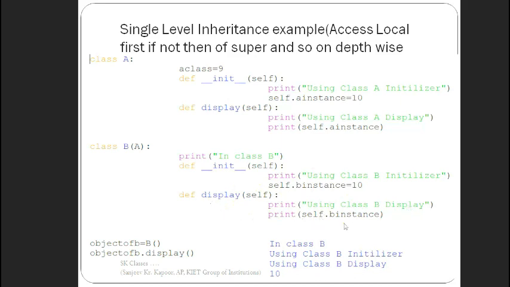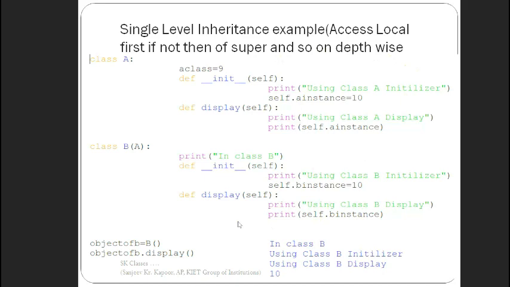Yes, it is locally defined, so its own original function would be called, and "using class B display" would be in the output. If this display is not defined in B and display is there in A, then that display would have been called. So this is the order we need to follow. That is why it is written here: access local first, if not then the super class, and so on depth-wise.